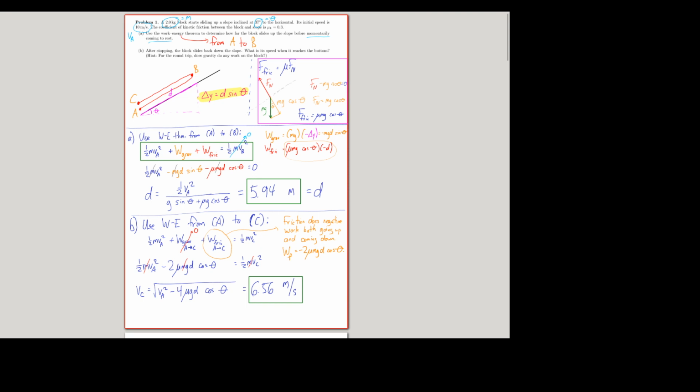You may not need to if you just remember how Unit 2 went really well, but you can. Another thing that was important to note is how we calculated the work done by gravity. Notice that the work done by gravity is the force of gravity times the displacement in the direction of gravity, so the vertical displacement.